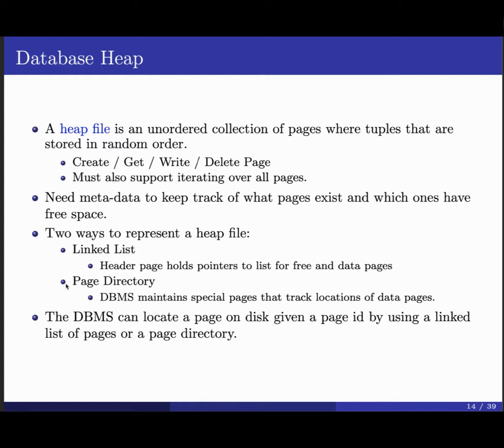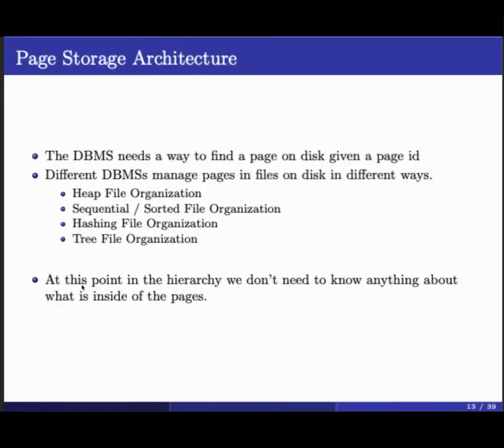It needs some metadata, an extra piece of information, to keep track of whether pages exist or not, and whether you need to free space or not, because sometimes you need to store, let's say, a tuple somewhere inside the data.